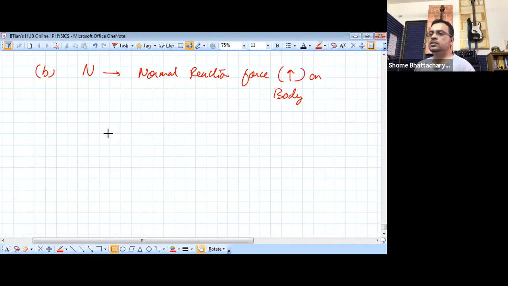So this block पे ये force लग रहा है vertically upward. So this force is basically what? It is the force applied on the block by the surface. This is your normal reaction.